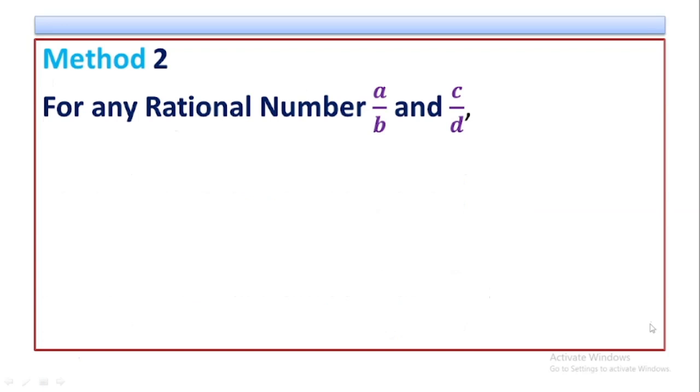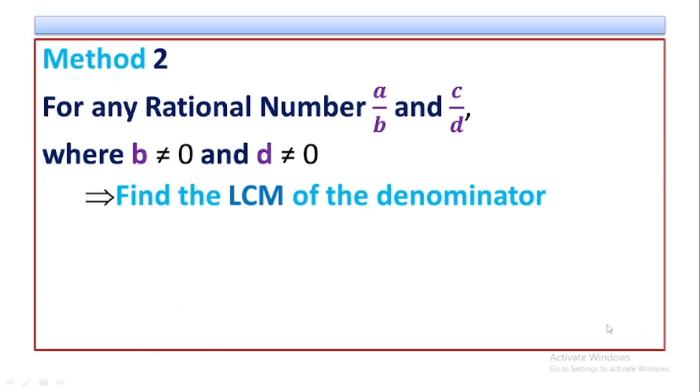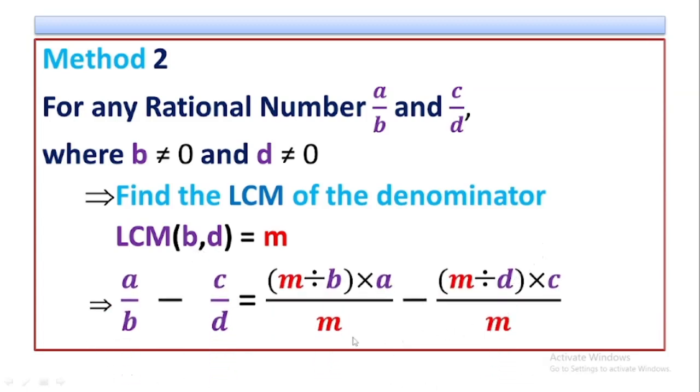Method 2: find the difference of the rational numbers a over b and c over d, where b and d are different from 0. This is also done by finding the LCM of the denominators. So if b and d are the denominators, find the LCM as m and use this approach to determine the difference of two numbers having different denominators.